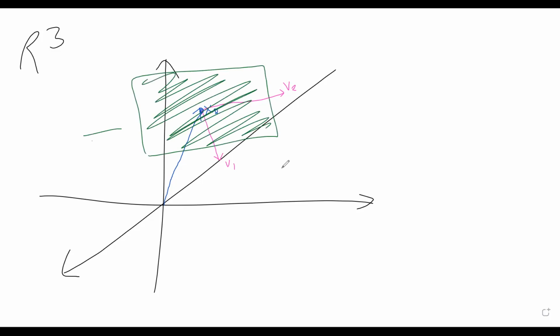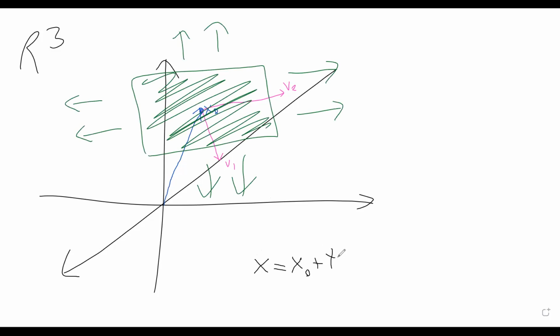Like this green thing I just drew. This green thing is the plane. It contains the point x naught. The point x naught is in that green thing, and the 2 vectors lie on the plane. And so this plane is expressed by the equation x equals x naught plus t1 v1 plus t2 v2.